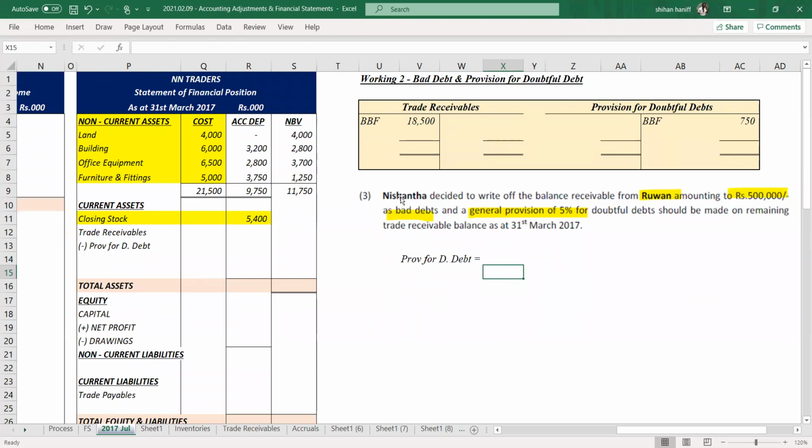Now let's do the bad debt. Step 1 is bad debt. Bad debt is 500. What is the double entry for bad debt? Trade receivable account credit. Trade receivable will reduce by 500, so we credit the trade receivable account by 500.